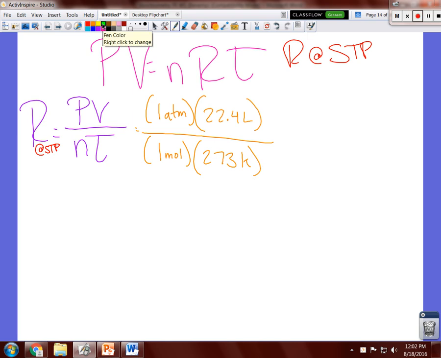Now, here's the next interesting part of this. If you look at all of these units, how many of them cancel? None of them do. So would you agree that I would have liters times atmospheres over moles times Kelvin?